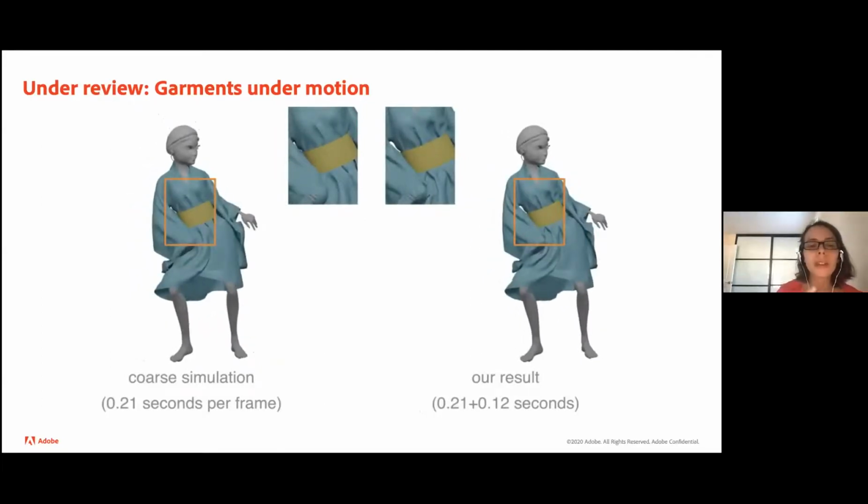And of course, the input can also be just a skinning-based animation, and one can try to enhance it with some plausible wrinkles. So this idea of using machine learning to approximate the simulation process is one area I'm exploring actively.